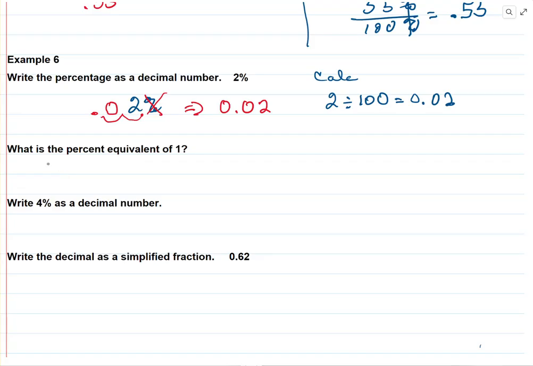All right, now this one is, what is a percent equivalent to 1? Okay, to have 1 come out of a percent, this is the decimal representation, means that I have 100%. Now the reason we can say that 100% is 1 is we can cross out our percent, put a decimal, move over 2 places, and we get 1. 100% is all.